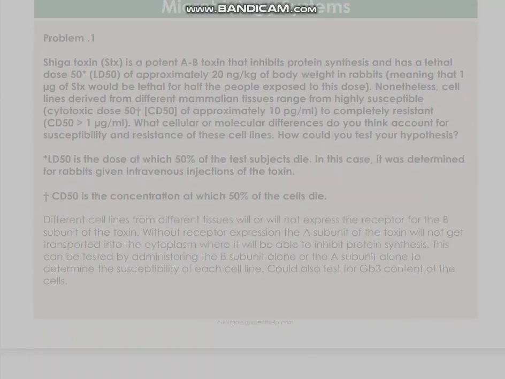Microbiology Systems. Problem Point 1. Shiga toxin, STX, is a potent AB toxin that inhibits protein synthesis and has a lethal dose 50, LD50, of approximately 20 ng/kg of body weight in rabbits, meaning that 1 g of STX would be lethal for half the people exposed to this dose.